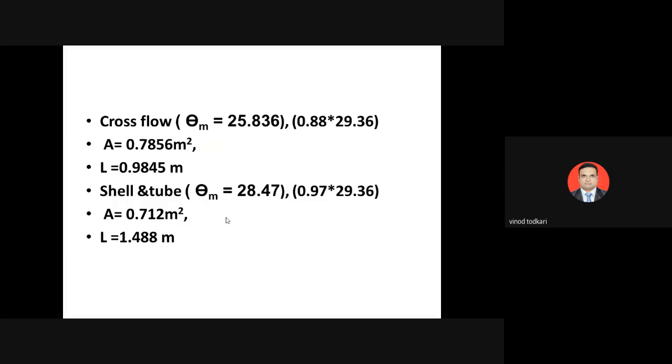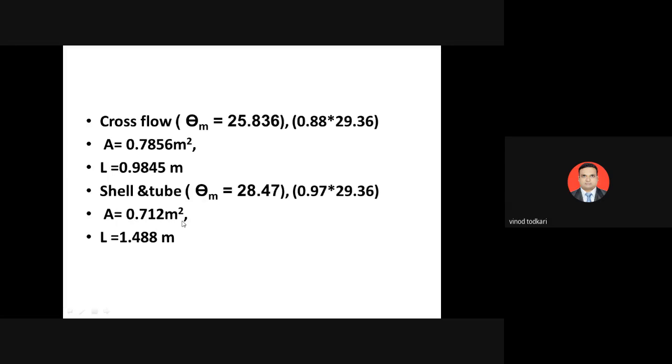And the number of tubes is given as 10. So A is equal to pi dl into 10 into 1. Right? So D is known, the number of tubes is known, the number of passes is known. So you can work out the length of the heat exchanger. I believe that it is clear to you. Even if it is not clear to you, just focus on this. In this also, in shell and tube and cross flow, the procedure is one and the same.